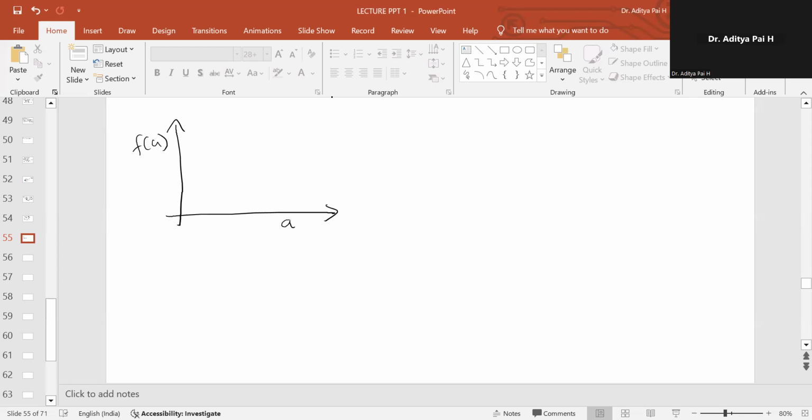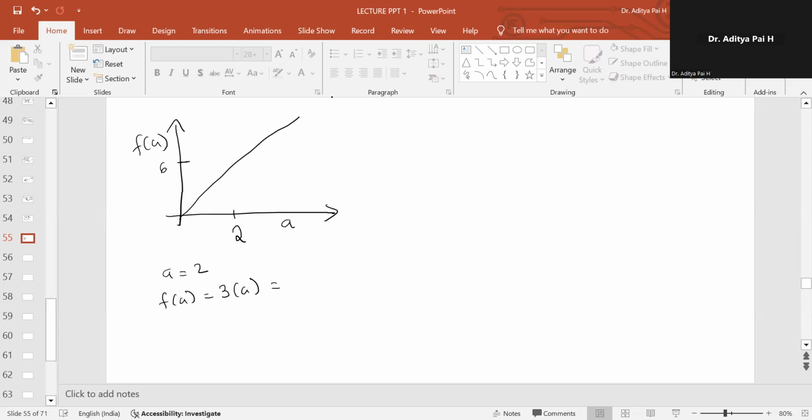Let's draw a linear line where, if my input a is equal to 2, then f of a is nothing but 3a.